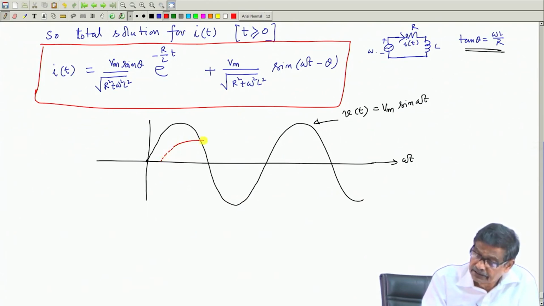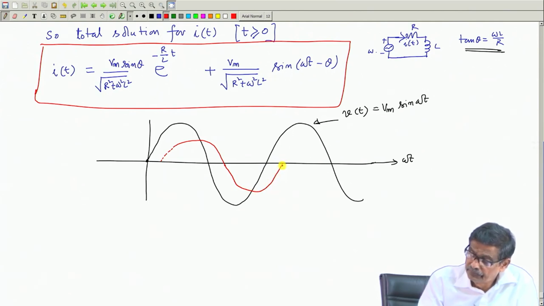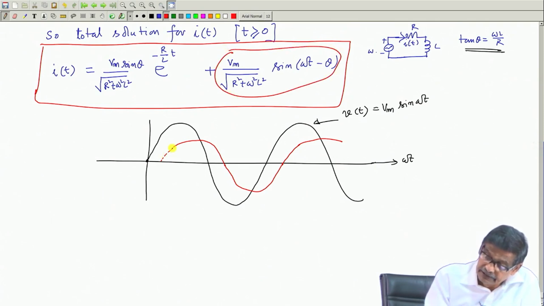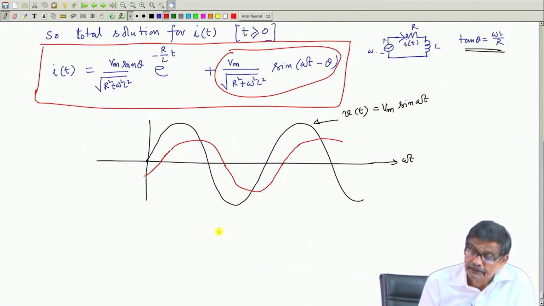I am drawing it with red. This is the solution due to the forcing function. Got the point? Only this part I have drawn.